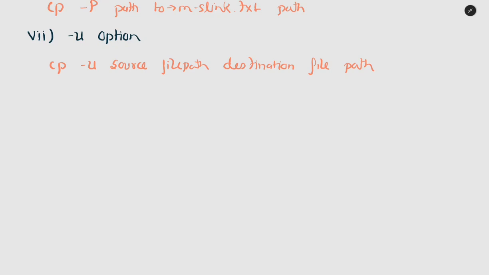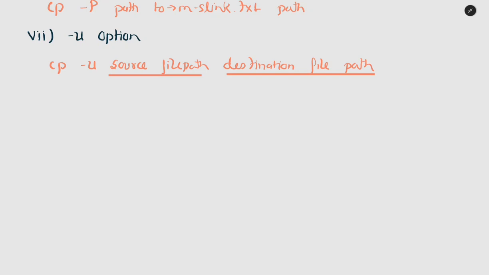And this source file path is the file you want to copy, and this destination file path is the location where you want to copy the source file. This command will skip the copy operation if the source file is older or the same age as the destination file.